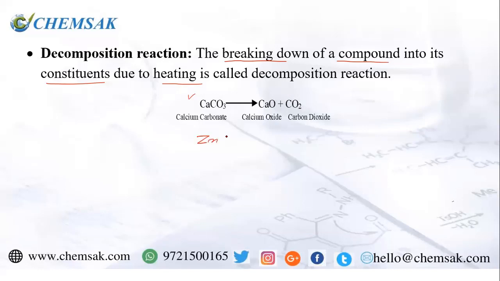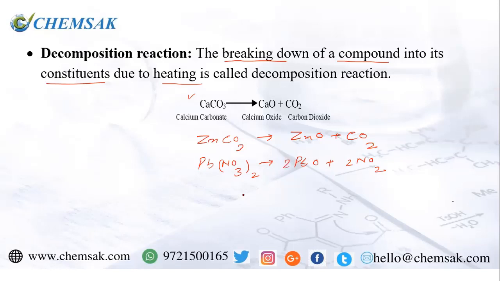In the same manner, zinc carbonate on heating gives zinc oxide and carbon dioxide. In the same way, we get lead nitrate, Pb(NO3)2, converting into PbO and NO2 gas. For balancing, it requires coefficients like this.